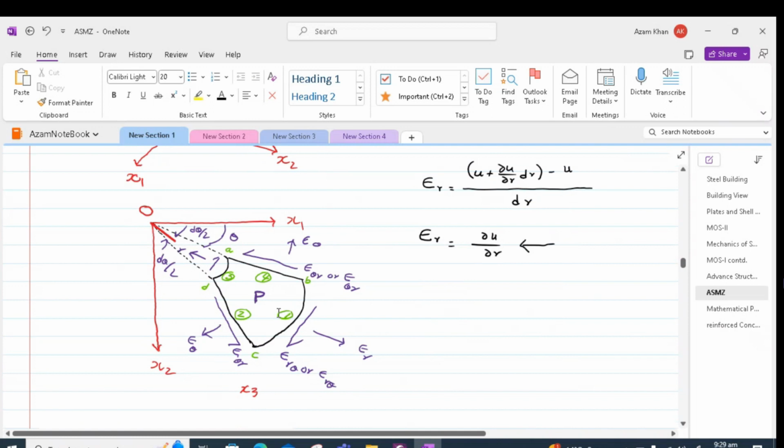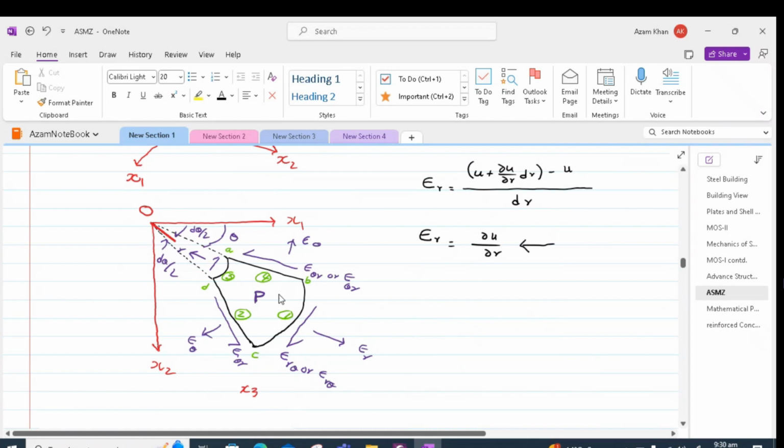As we move from surface 3 to surface 1, we have a change in displacement appearing. So the total displacement is u, the displacement of surface 3, plus the rate of change of u with respect to r, multiplied by dr, which gives the total displacement between surface 1 and 3.